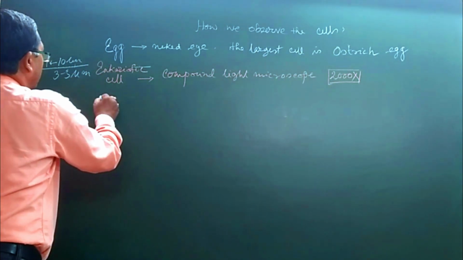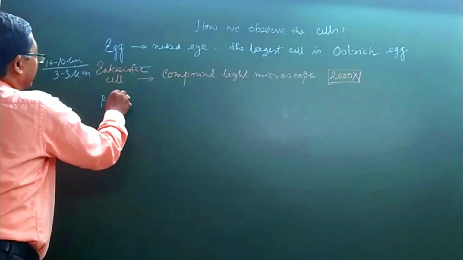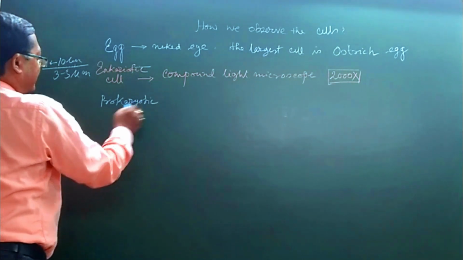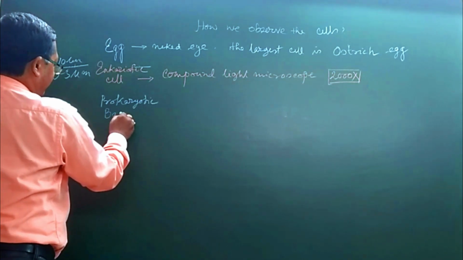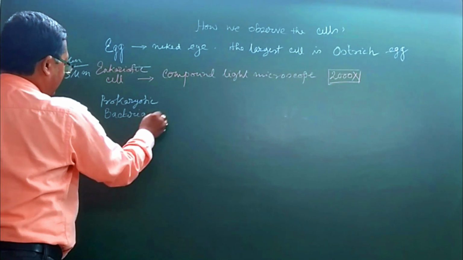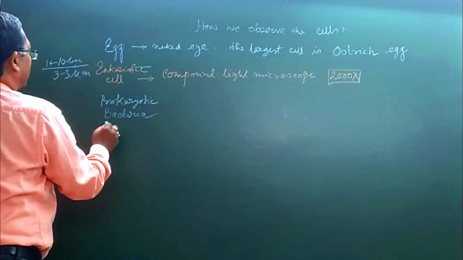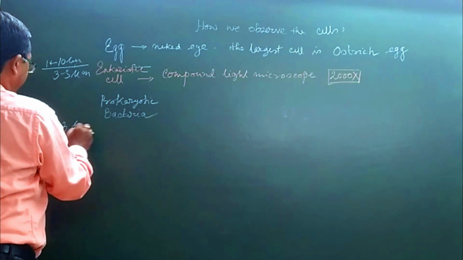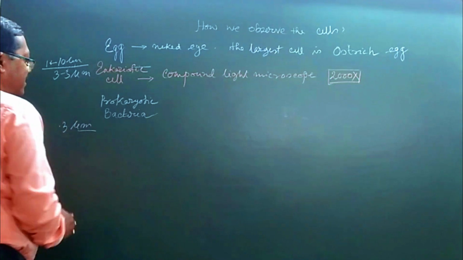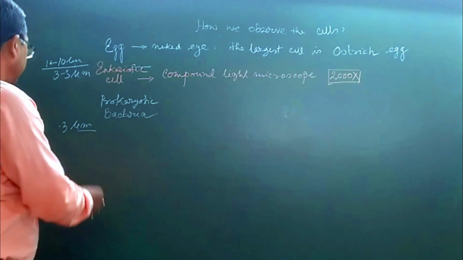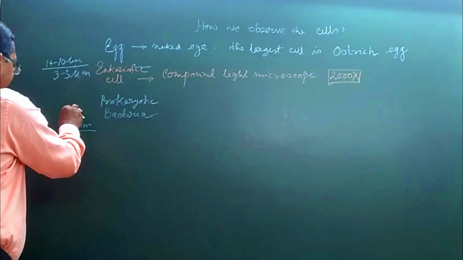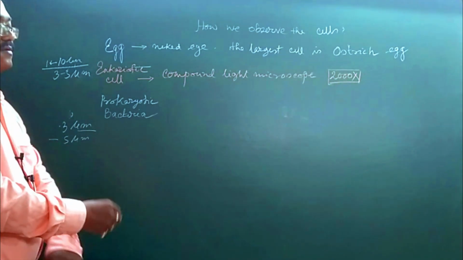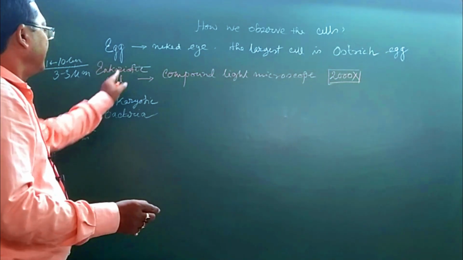Then the prokaryotic cell. The prokaryotic cell, that is the bacteria, their size starts from 0.3 to 5 micrometer, comparatively smaller than eukaryotic cell.